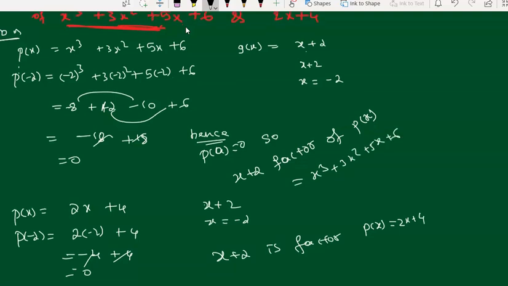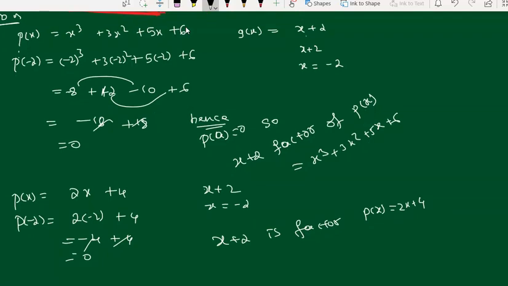Why am I saying this? Because my p of a is equal to 0. If your p of a is not equal to 0, then as we saw in the last question, we didn't get 0, right? Then I said it is not a factor of it. So this is the process we are going to follow, and this is what the factor theorem says also.